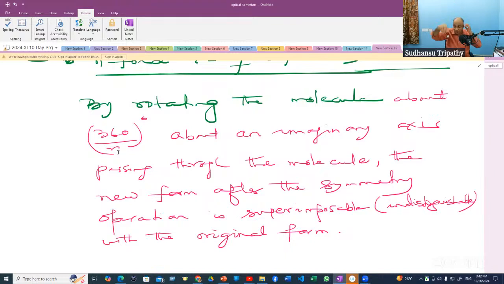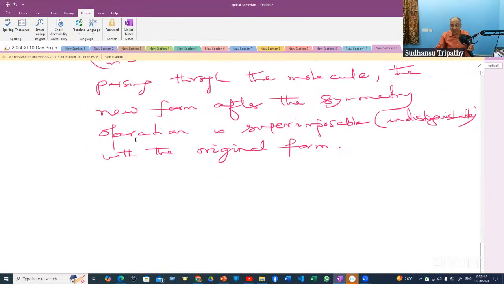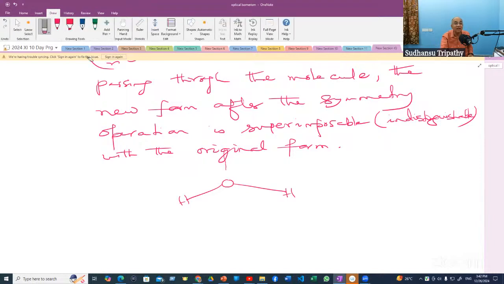So now, let me give the same example. And this is a center. This is not a plane. This is an axis. Imaginary axis. I am writing down sheet 2.